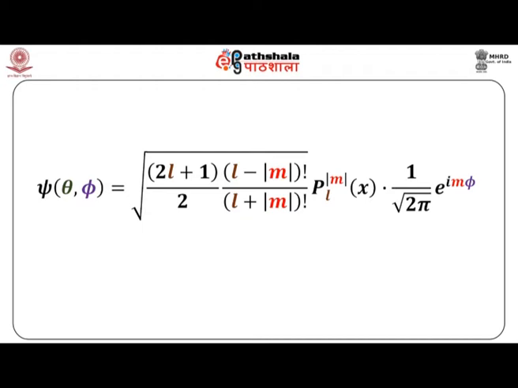This is the theta part. Then multiplied by the phi part, which we calculated earlier, and that was 1 upon root 2 pi e to the power i m phi. So this total expression on the right hand side gives us the total wave function of the rigid rotator.